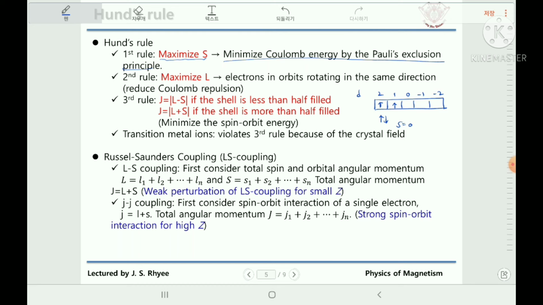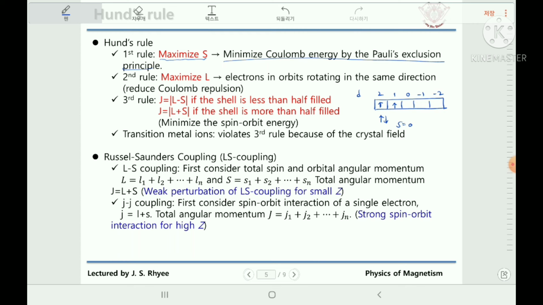It is the same here. The other electrons favor occupying other orbitals, not the same orbital where the previous electron resides. It is maximize S.